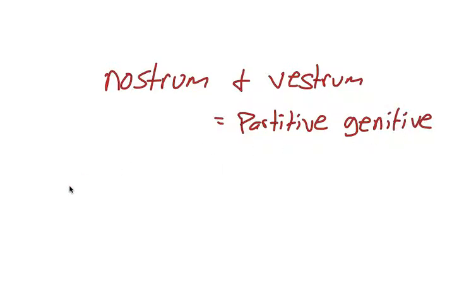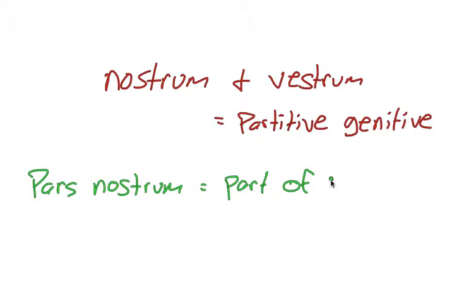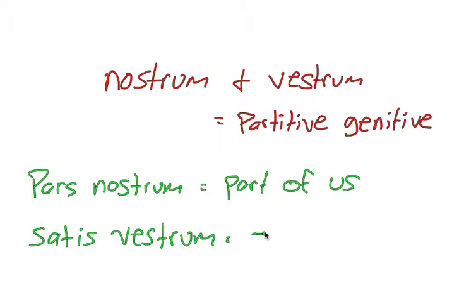So for instance, you would say something like pars nostrum, and that would be part of us. Or you would say something like satis vestrum, and that would be enough of you. Okay, so that's what the forms nostrum and vestrum are used for.